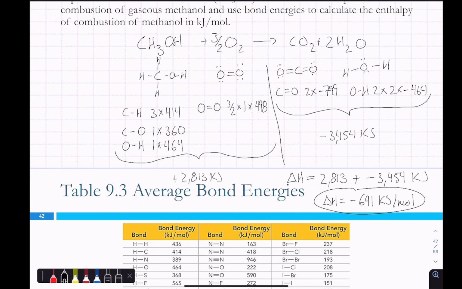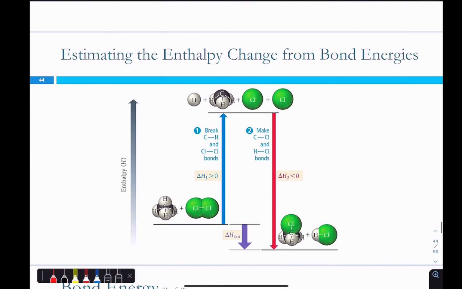So you're always going to break all of these bonds and then reform them over here, form all of these bonds from those component molecules. And this also applies for the earlier example that we saw. Even though here they're saying that they're breaking only one hydrogen bond and only one chlorine bond, if we had broken all of these bonds, that would go up to something up here, and it would take more energy, right?